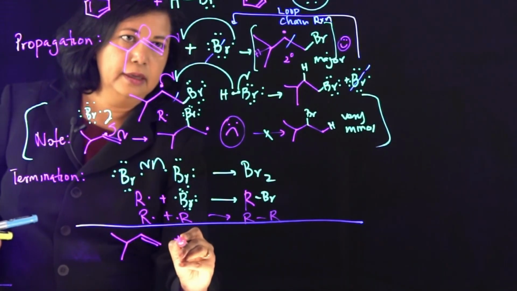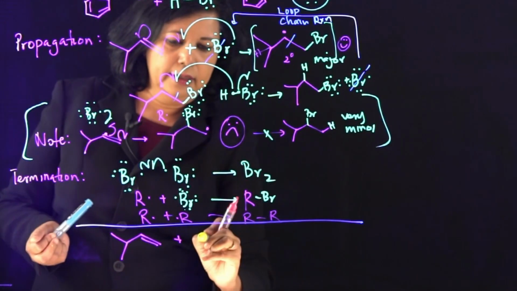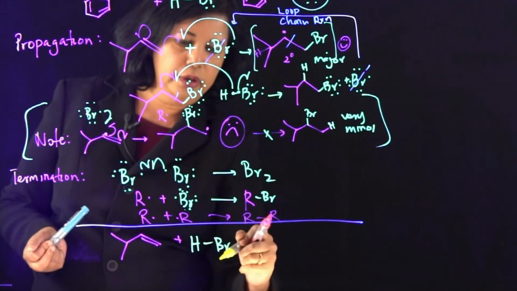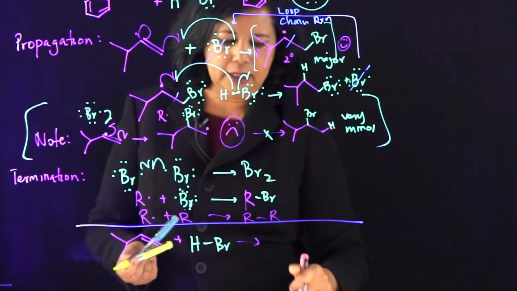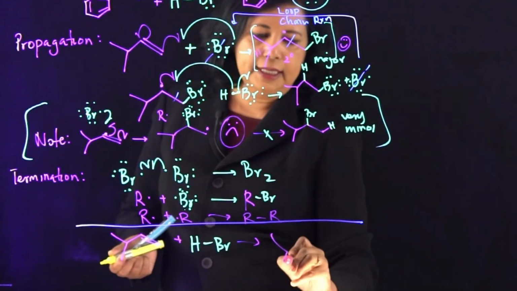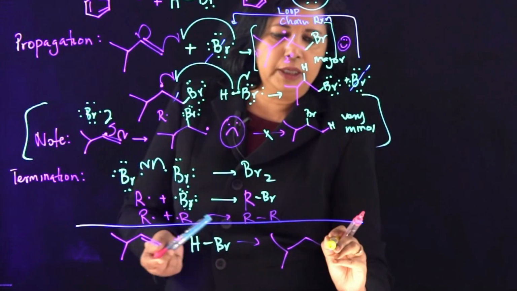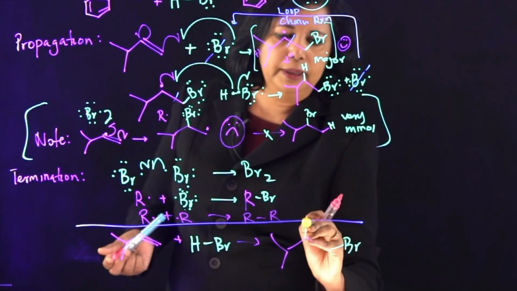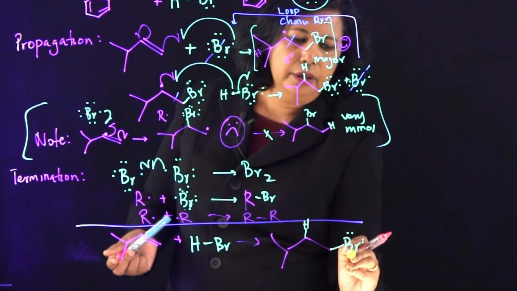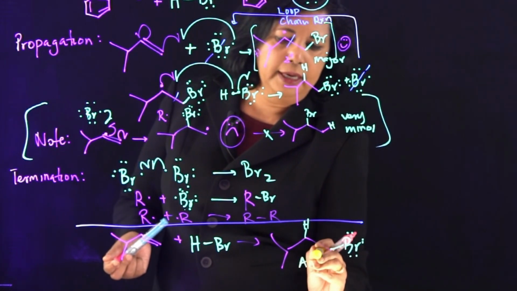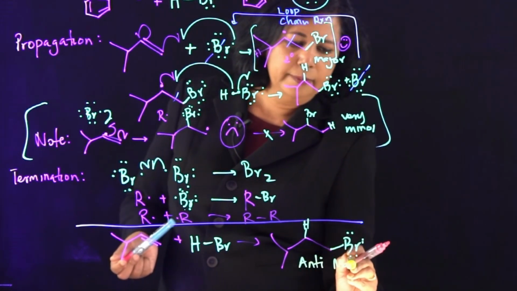It happens every single time in the same way. So HBr adds anti-Markovnikov, and the anti-Markovnikov is going to put the bromine on the less substituted carbon and hydrogen on the more substituted carbon, and that's your major product.